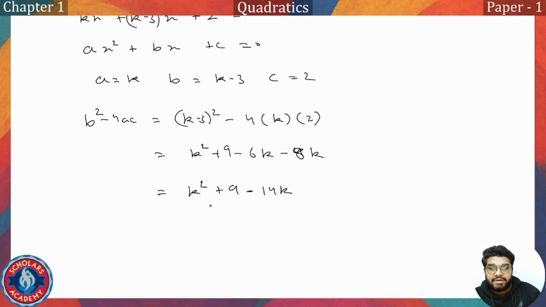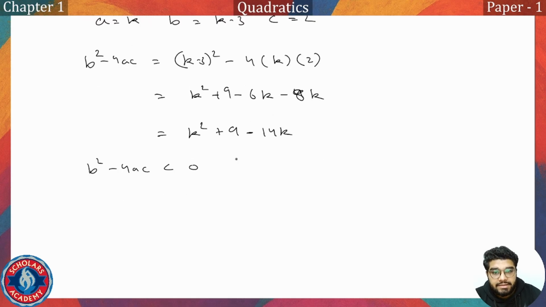So again, finding the values of k. For that, I will take b² − 4ac less than 0, right? First of all, I will simplify this quadratic equation: k² − 14k + 9 = 0.